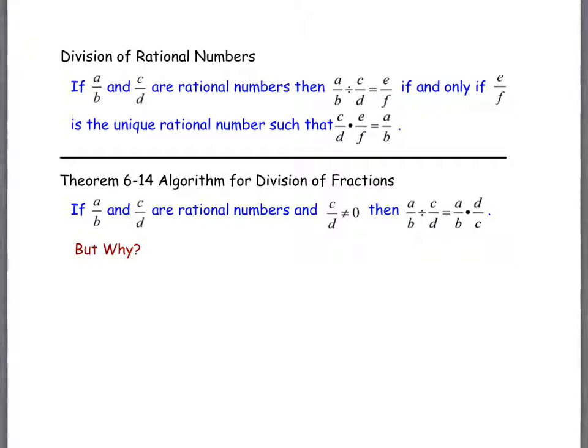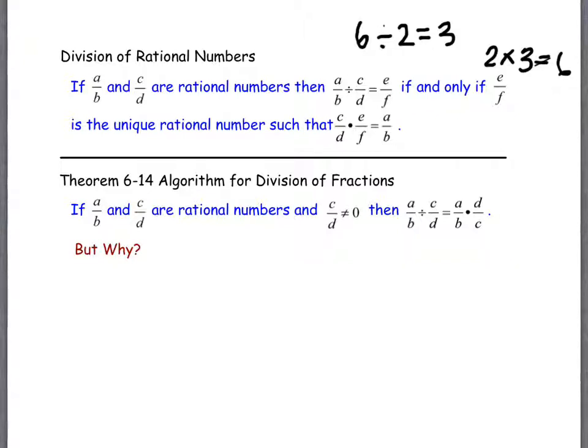Again, let me do it in terms of numbers so you can see that this is exactly what you've used all the way along. I'm going to use whole numbers just because they're easier to work with, but it works with fractions the same. The reason that 6 over 2 is equal to 3 is because 2 times 3 is equal to 6. That is all this says.